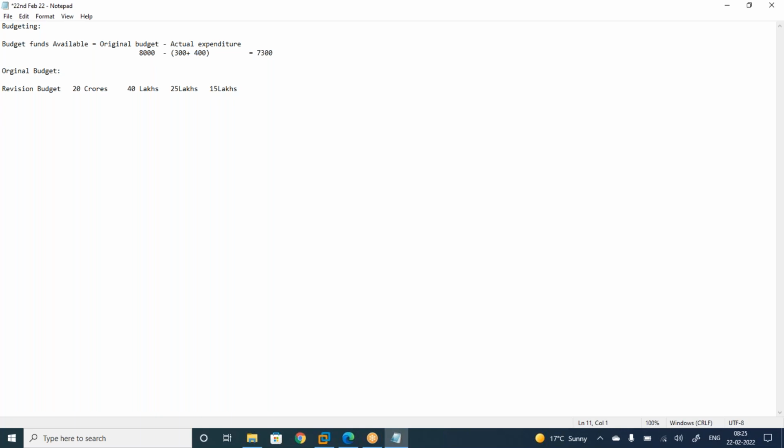The planned expenditure for the entire year is 25 lakhs. Now I need to decrease this to 20 lakhs. Then I need to update minus 5 lakhs. Agree with me?